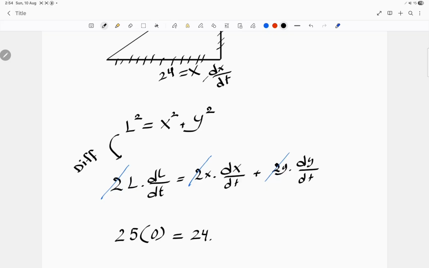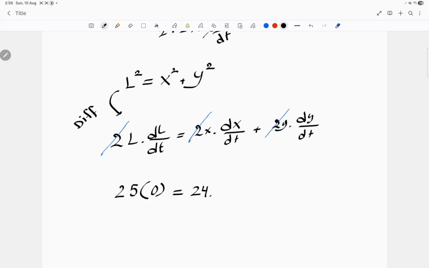Example 9. So dx over dt, as given by the question, is 15. Plus y, which is 7. What's dy over dt? We're looking for it.